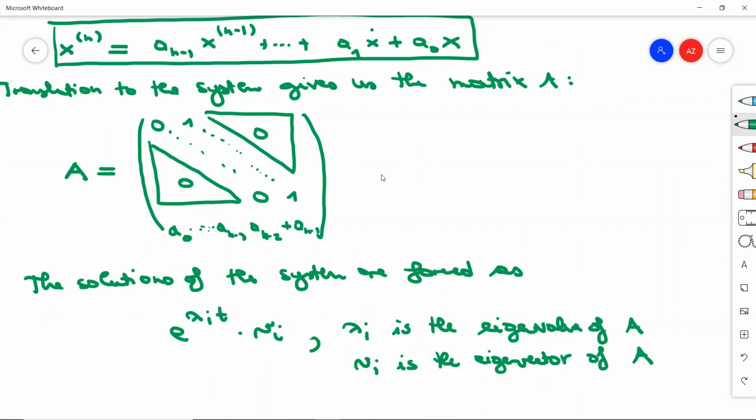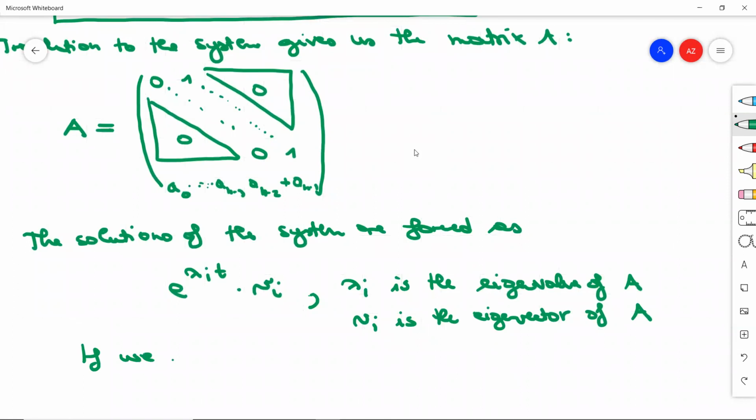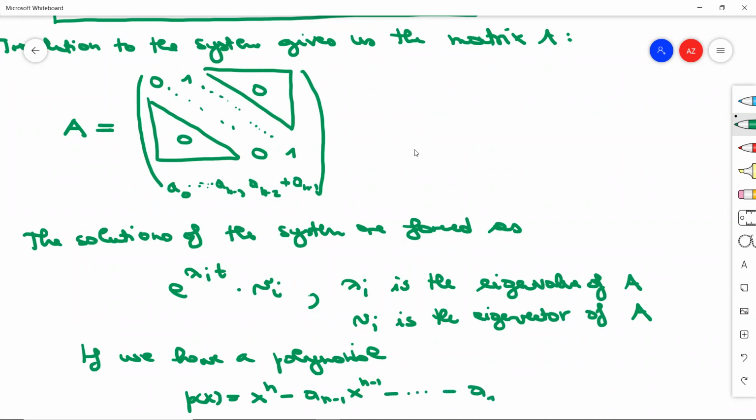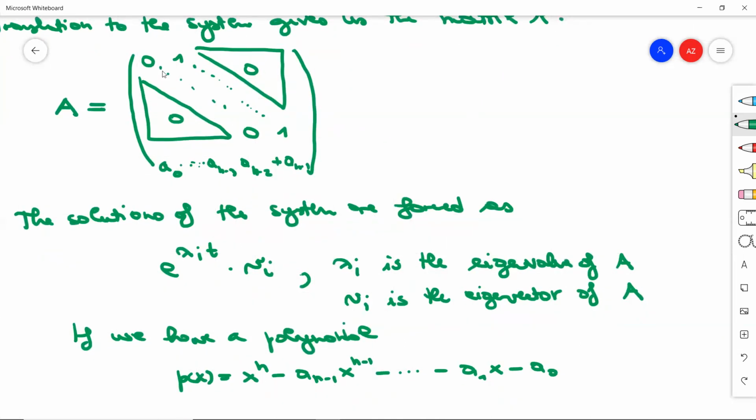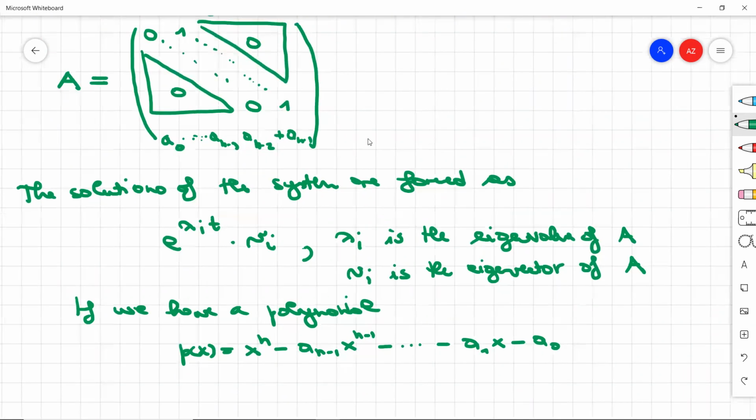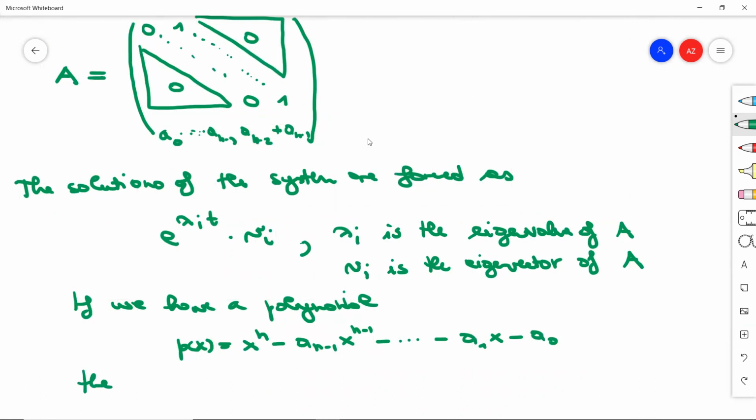If we have a polynomial P of x equal to x to the n minus an minus 1 x to the n minus 1 minus and so on minus a1 x minus a0, then forming a matrix A in this form, we put ones in the upper diagonal in the first n minus 1 rows, zeros in all other places, and then the coefficients in this order in the last row. Then A is called its companion matrix.